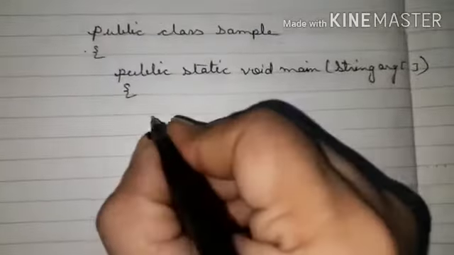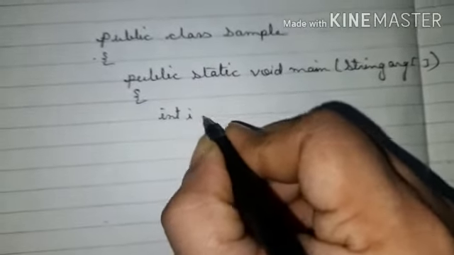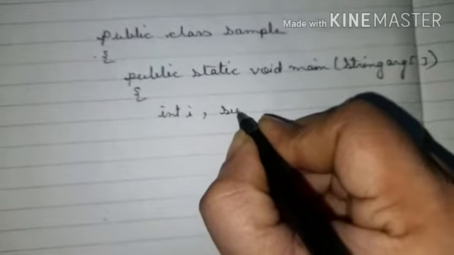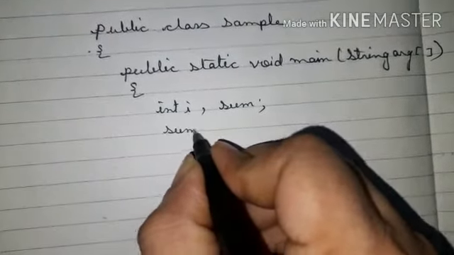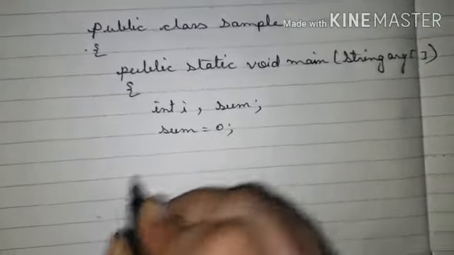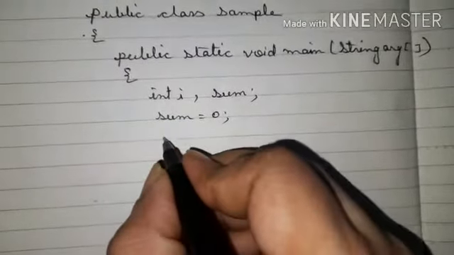Inside the main method, we'll declare the variables int i, then sum, and we'll initialize the sum with 0 because we are going to find the sum of the numbers.